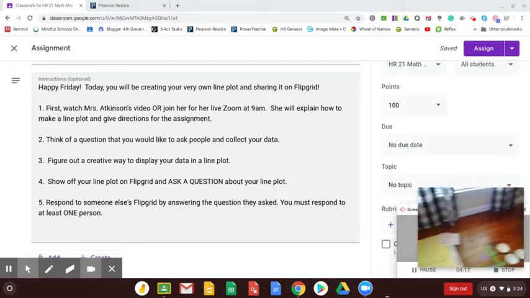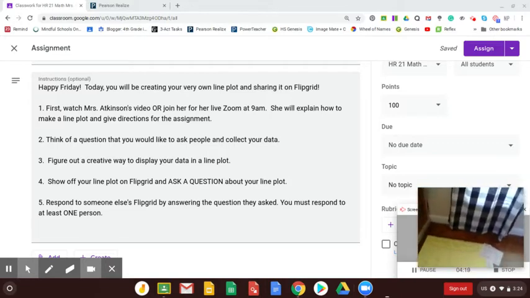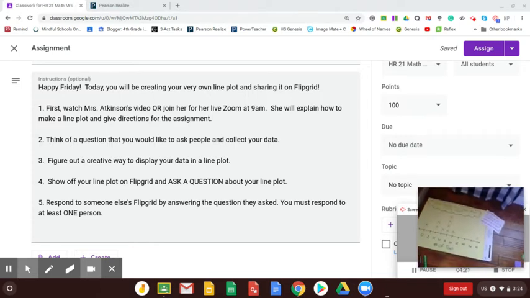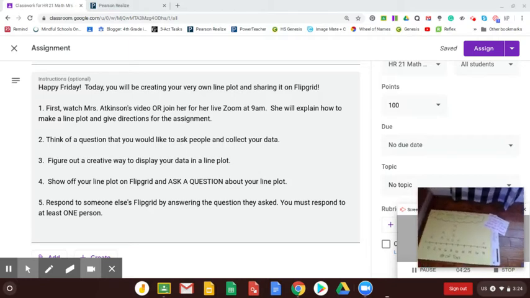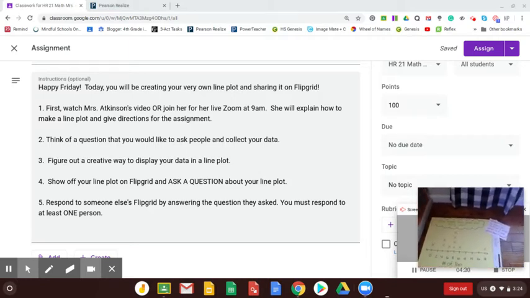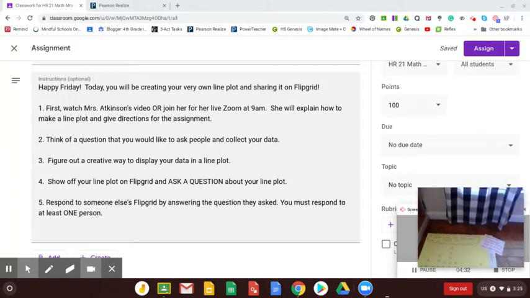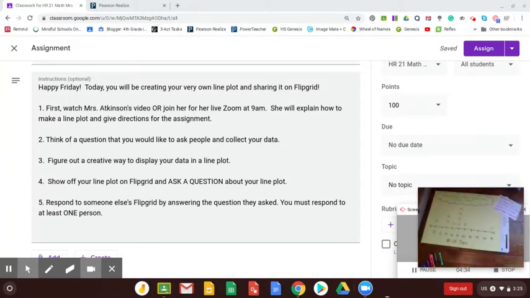Here's another example of a line plot. This one I just did on big paper, and yours doesn't have to be on big paper. It can just be written on little paper. I did how many toys does your dog own? The scale at the bottom runs from 0 to 18, and that's my number of toys.